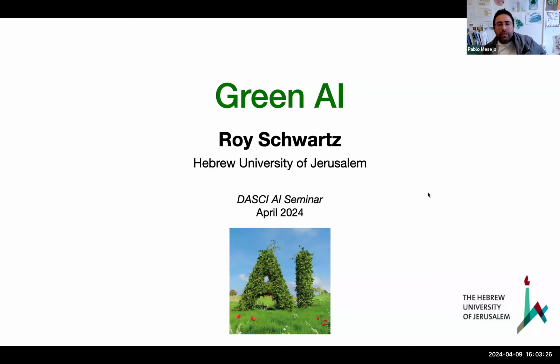Roy completed his PhD in 2016, where he worked with Ari Rappaport. Roy's work has appeared on the cover of the Communications of the ACM and has been featured among others in the New York Times, MIT Technology Review, and Forbes. Today, he will talk about green AI and will discuss recent approaches for reducing the computational cost of AI techniques.